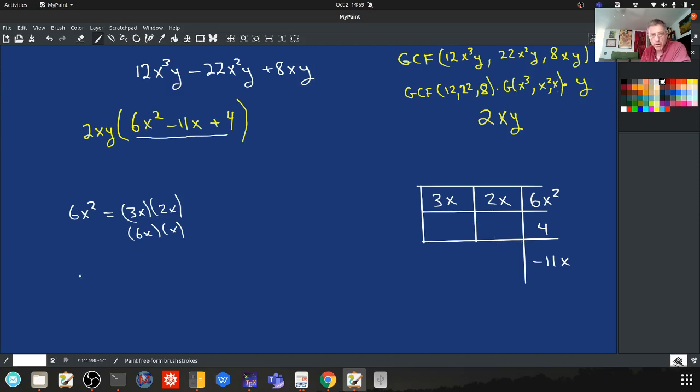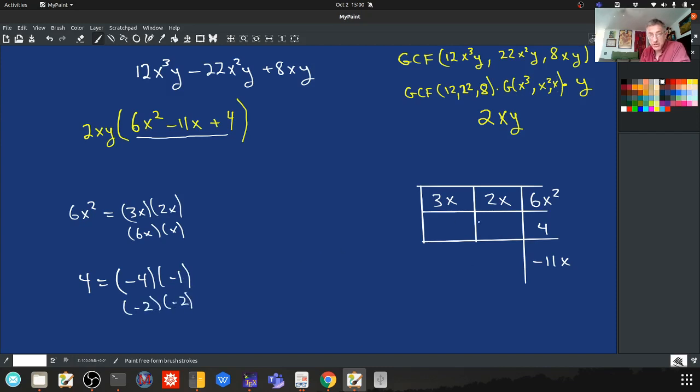Now 4, we're going to have negative factors here, maybe, because we're just going to have to check a lot of things. To get a negative factor, one of these has to be negative, but 4 has to be positive. So I can do minus 4 and minus 1, or minus 2 and minus 2.